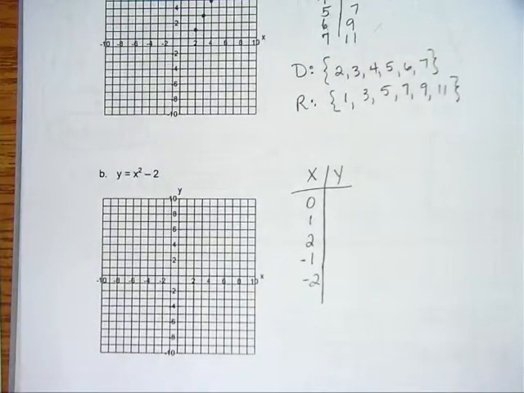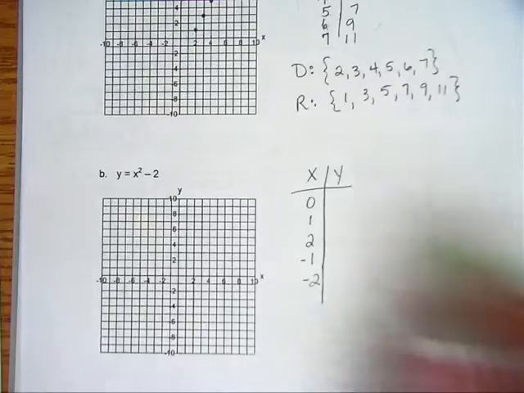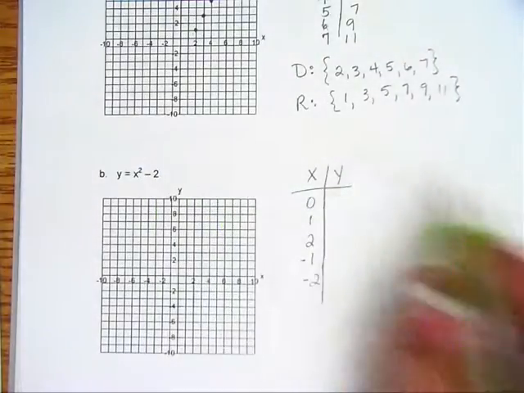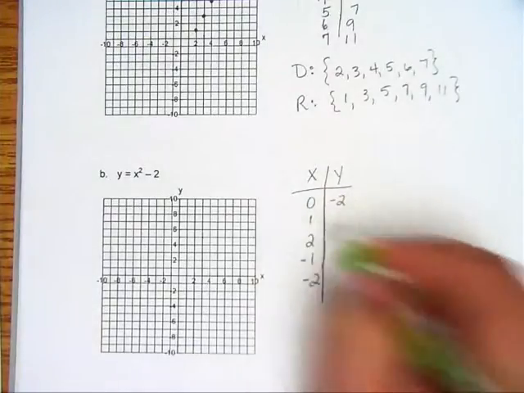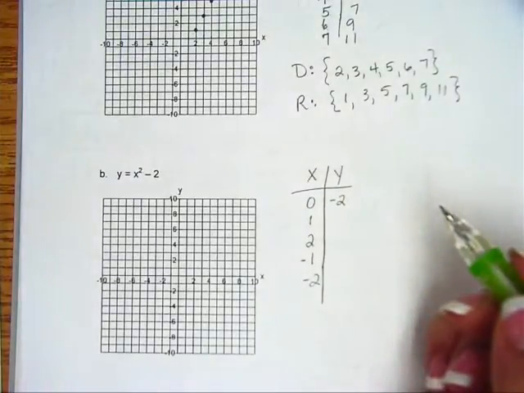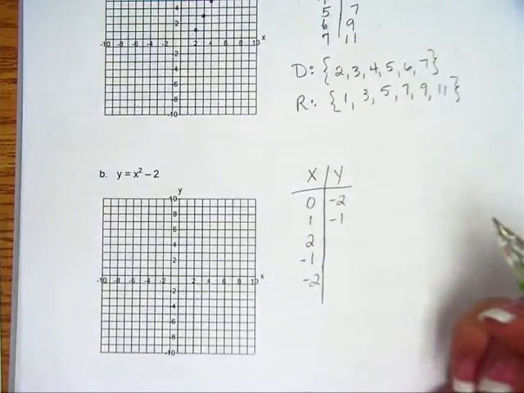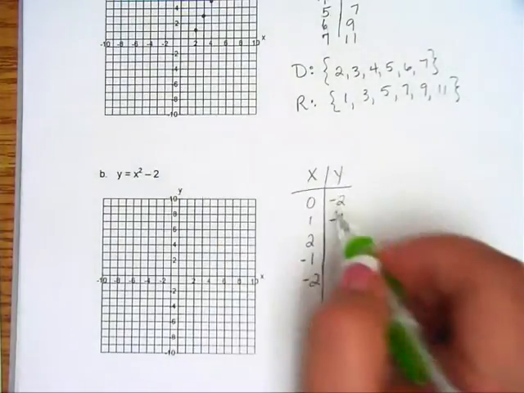And I just picked those at random, kind of, sort of. How can you square those? What's 0 squared? 0 minus 2 is? What's 1 squared? 1. What's 1 minus 2? -1. 2 squared? 4. 4 minus 2?